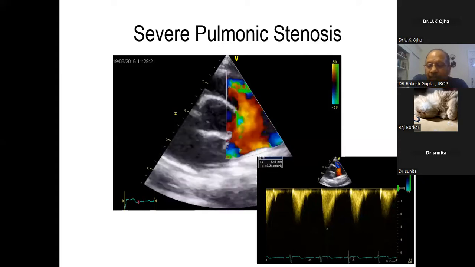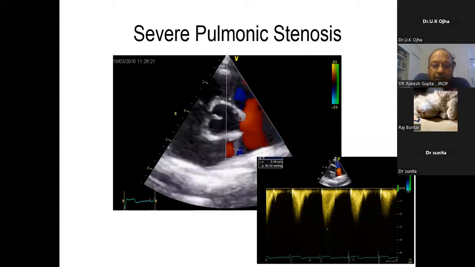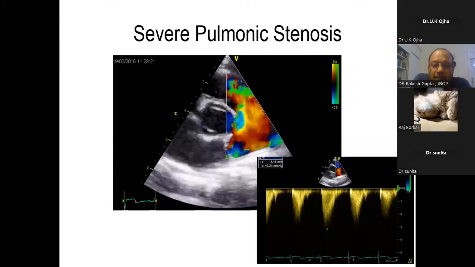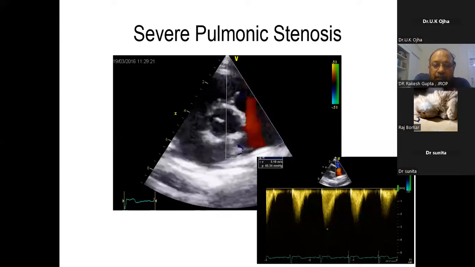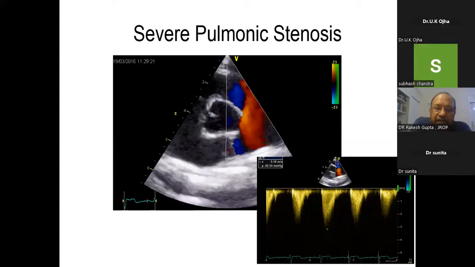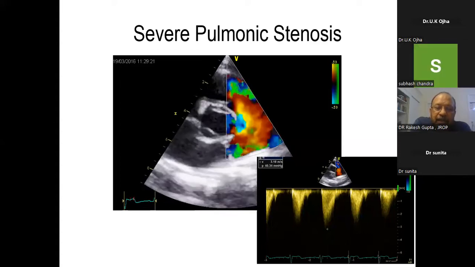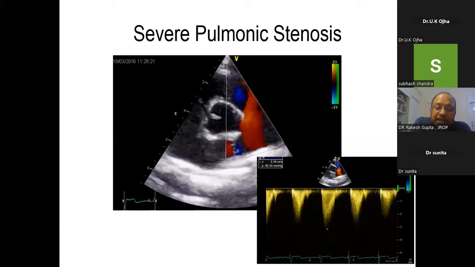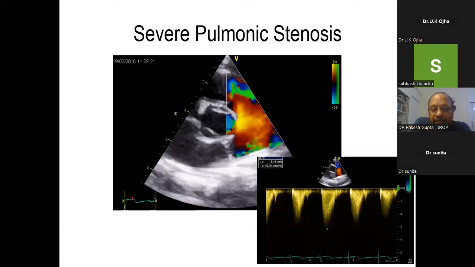So you were telling some pitfalls for aortic stenosis. Tell again, what all we have to keep in mind? There are only a few pitfalls. First of all, you have to measure a proper LVOT diameter.